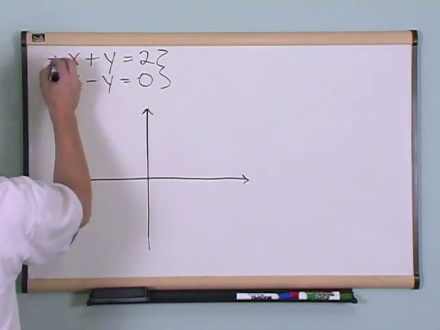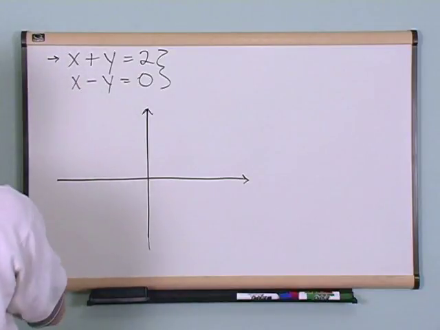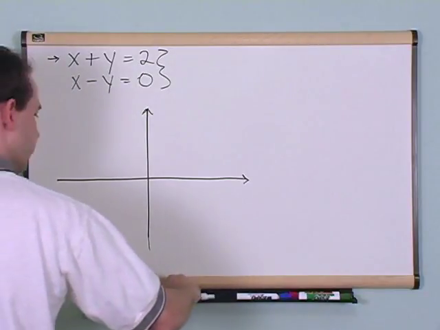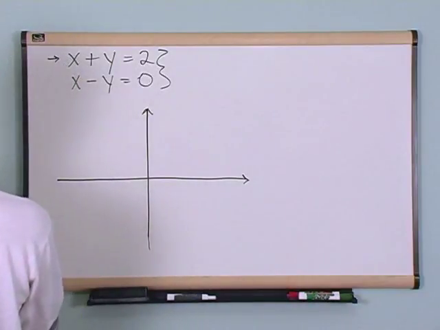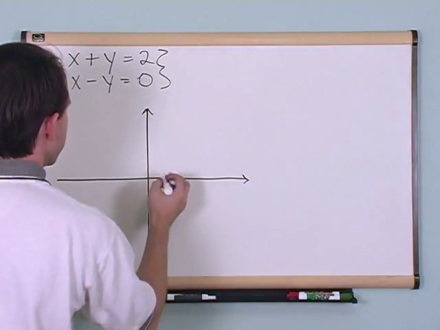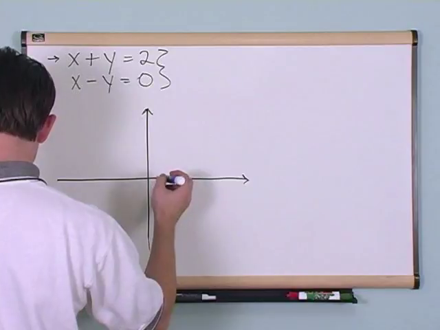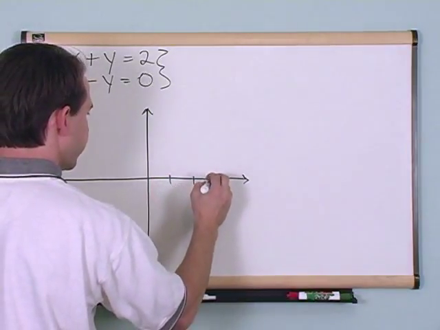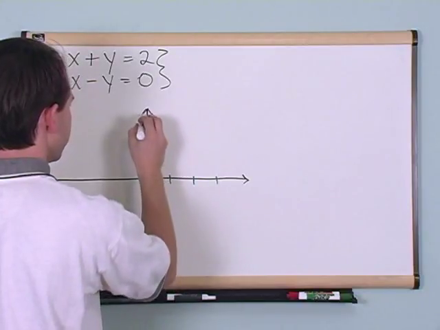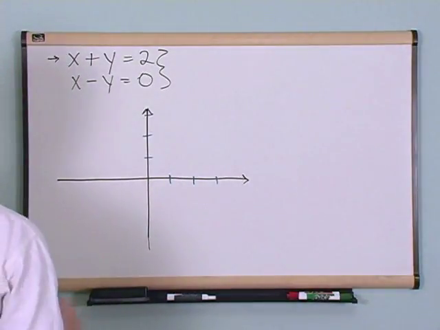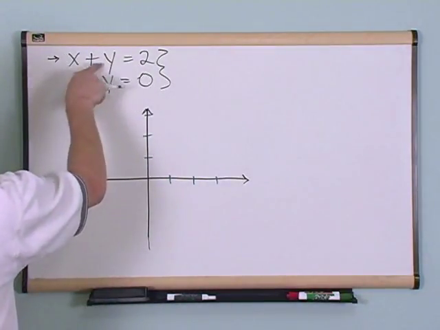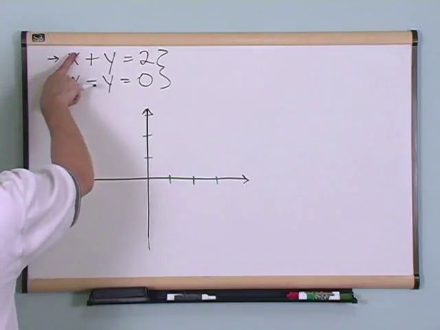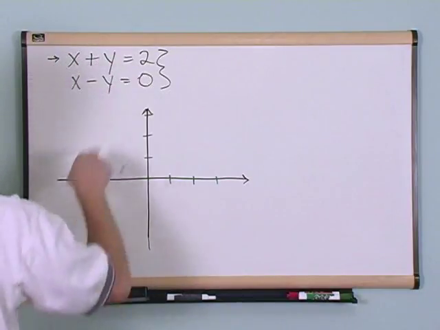Working with this equation right here, I'm actually going to begin to use a different color marker, which I think will be useful. Here's 1, 2, 3, 1, 2, 3. Let's do it that way. If I want to use the intercept method, if x is equal to 0, then y is equal to 2.